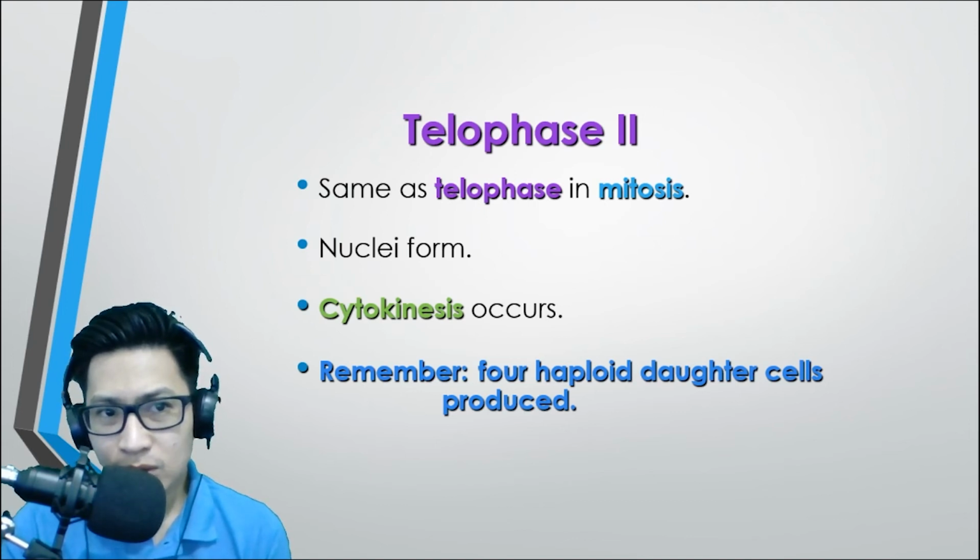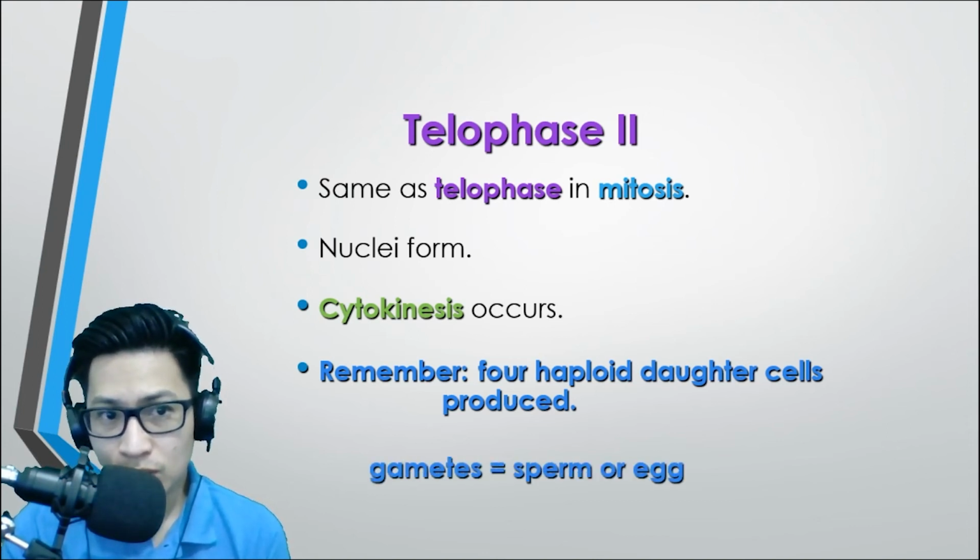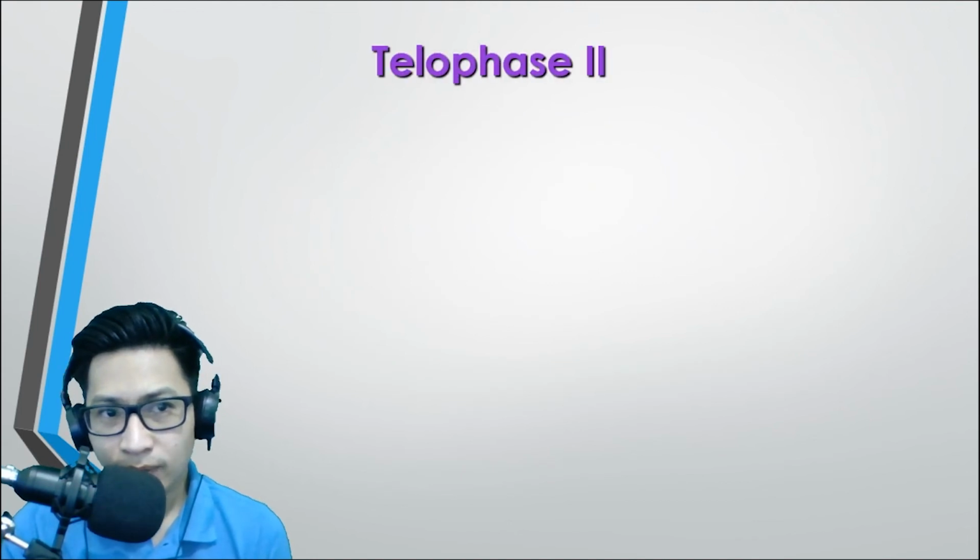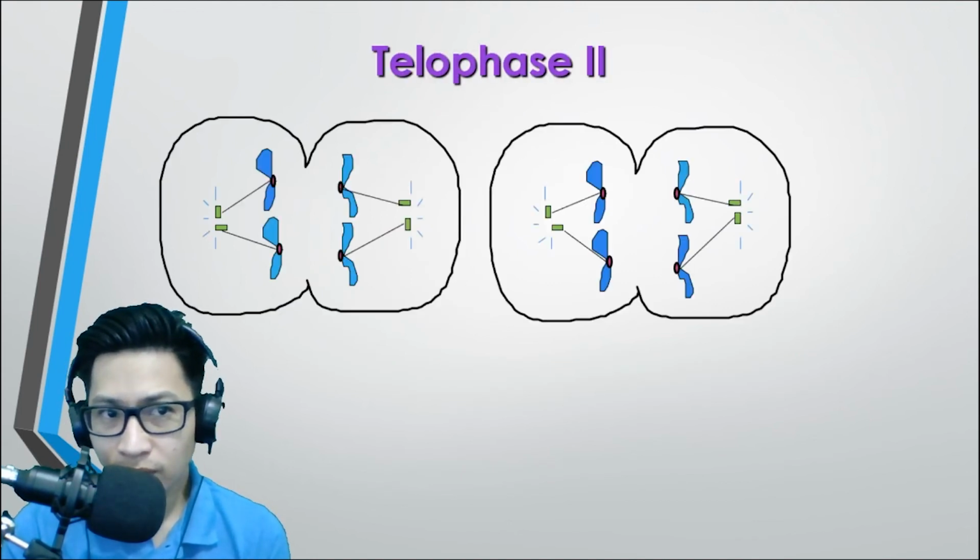Remember that during telophase II or cytokinesis, there are 4 haploid daughter cells that were produced. Ito yung telophase.